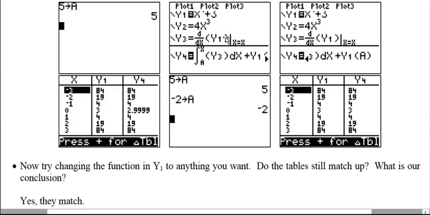So we're doing the numerical derivative of y3 from a to x and then taking that and adding on y1 of a. And the question is, is that back to my original function? Do y1 and y4 look the same in the table? And the answer should be yes.